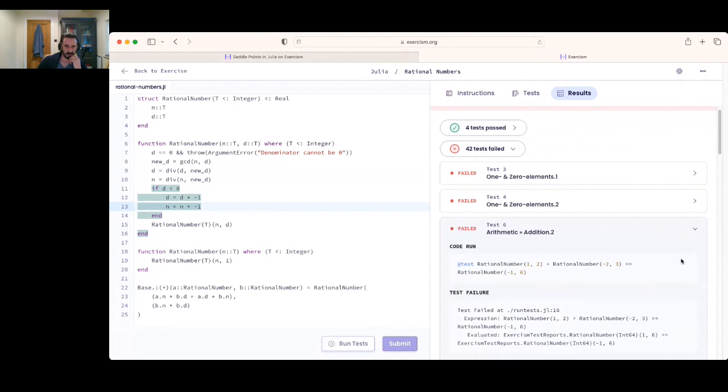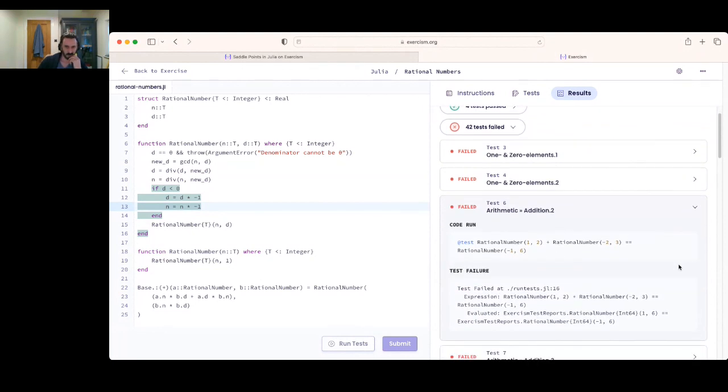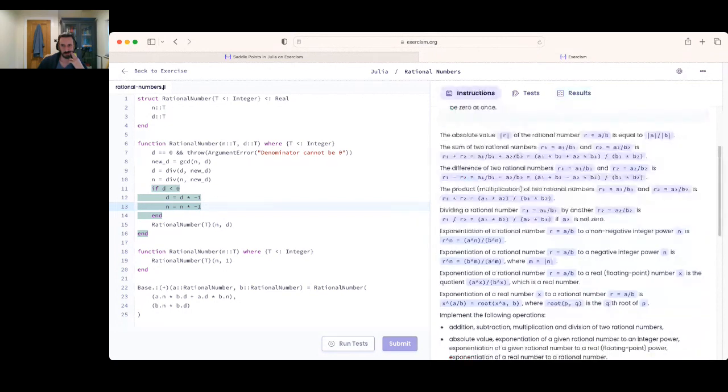So I need to figure out why I'm getting a positive 1/6 when it should be negative 1/6. Why is it 1/6? Why is it not negative 1/6? I feel like all of that should be right. Let's just check my implementation of.